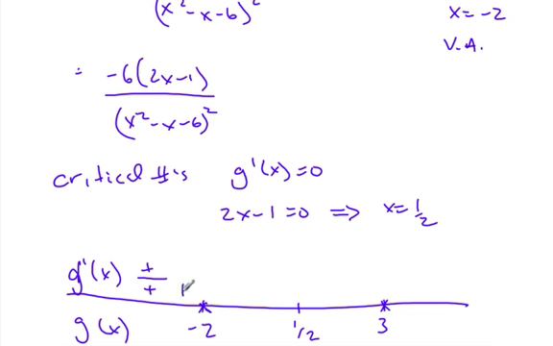So overall, this is positive, which means the function is increasing. Between negative 2 and 1/2, I'll choose the value 0. Again, it's positive on the bottom. That's negative. If that's 0, that's negative as well. So that's two positives. And again, this is increasing because it is positive overall.